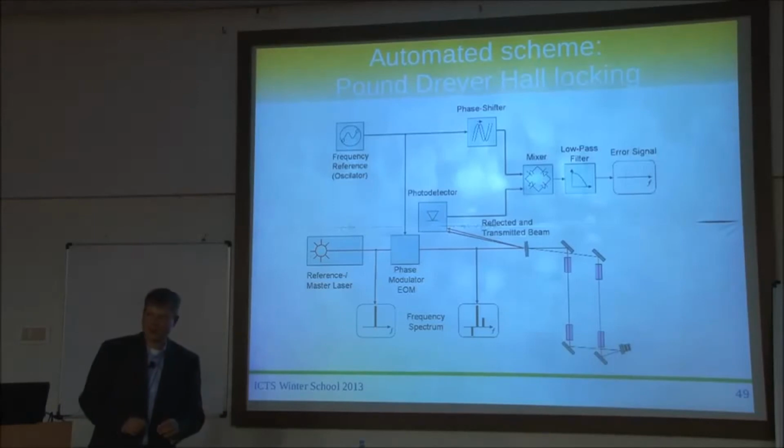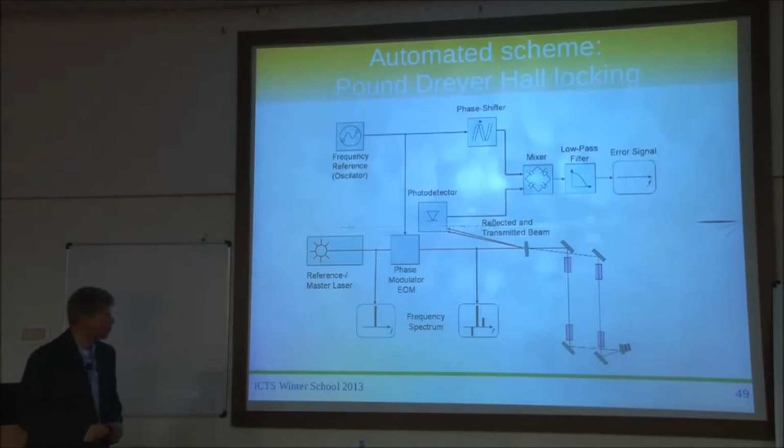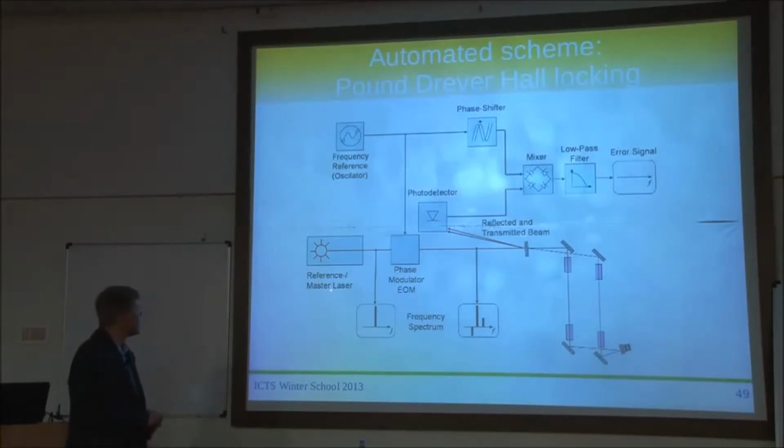I want to try to briefly explain what's going on. I think most of you might already have heard a bit about it. The way it works is you have this master laser, or the MOPA in our case. If you look at the frequency spectrum, you would see only one peak coming out of that laser. The first thing you want to do is send it through an electro-optic modulator, a phase modulator, an EOM.